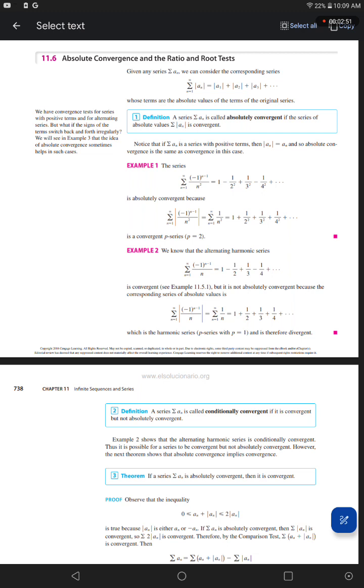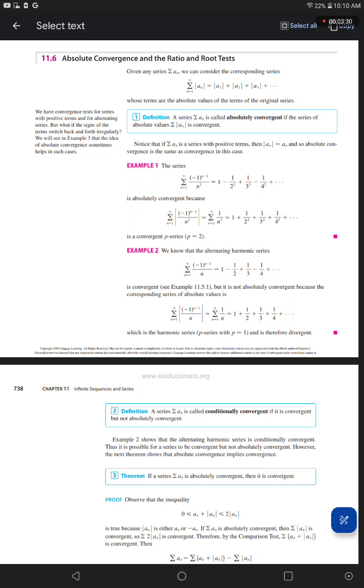Example 2. We know that the alternating harmonic series, the sum from n equals 1 to infinity of negative 1 to the power n minus 1 over n, equals 1 minus 1 half plus 1 third minus 1 quarter, and so forth, is convergent. See example 11.5.1.